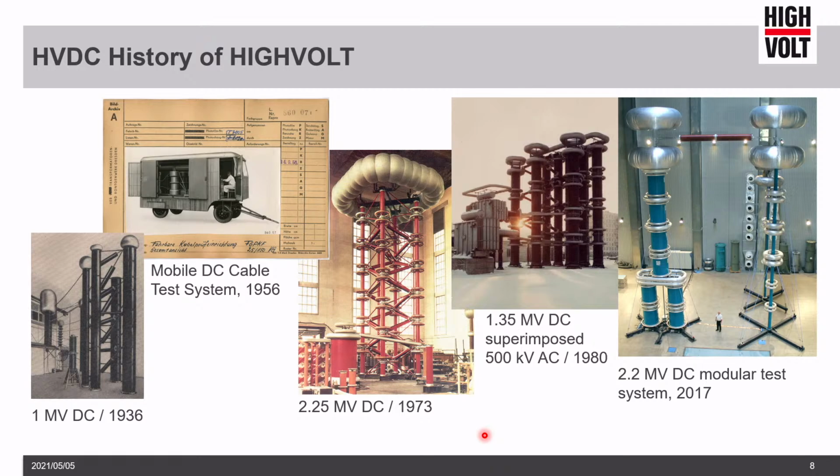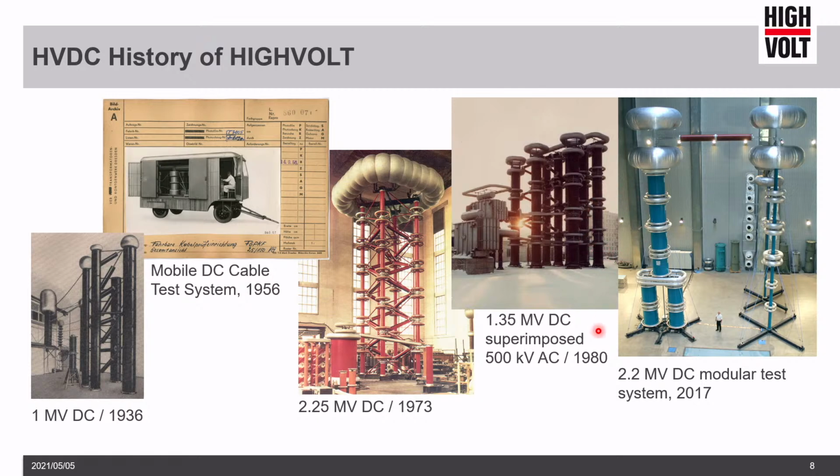And I think another remarkable test system located in the region of St. Petersburg in Russia was able to deliver a superimposed test voltage with a DC component of 1.35 megavolt and an AC component of 500 kilovolt AC. Very interesting, 1980. In the back you see a little building where people really live, so very close.